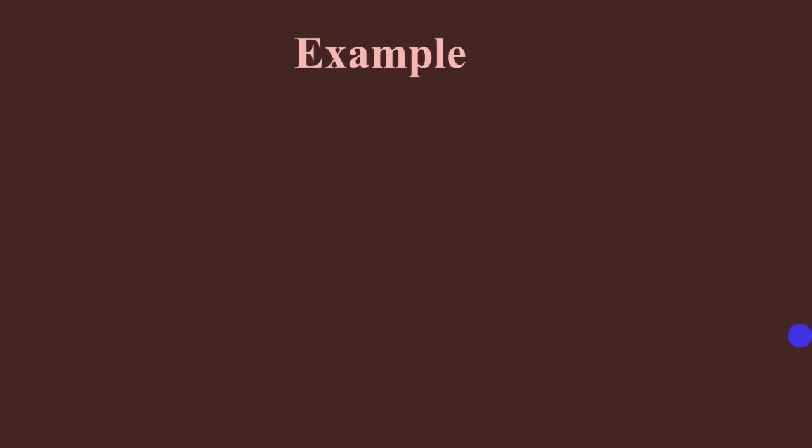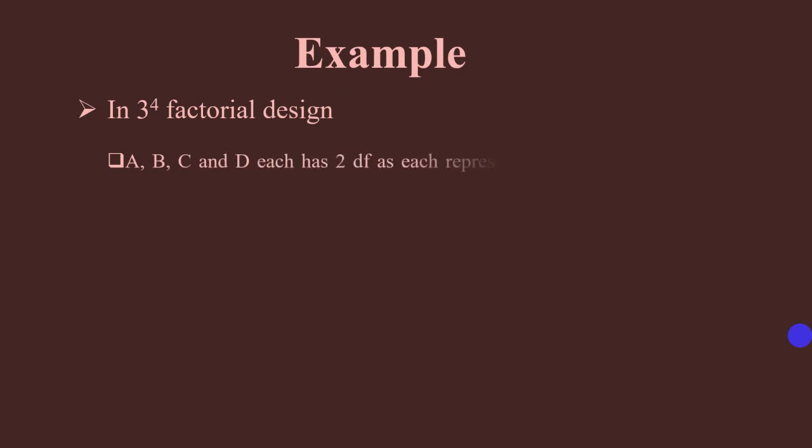For example, in a 3 raised to 4 factorial design, A, B, C, D each has 2 degrees of freedom, as each represents both linear and quadratic effect of the respective factors. So we see there are 4 factors, so 4C1 equal to 4. So there are 4 main effects.